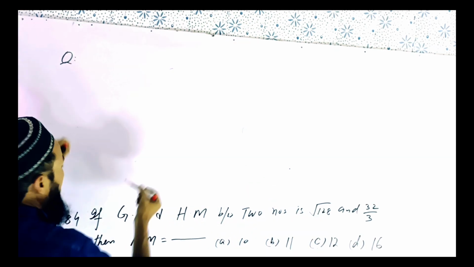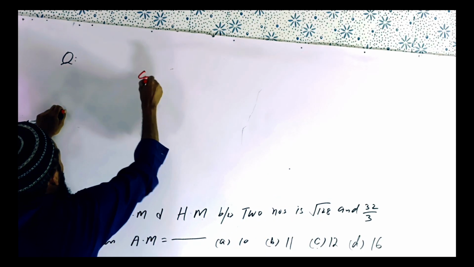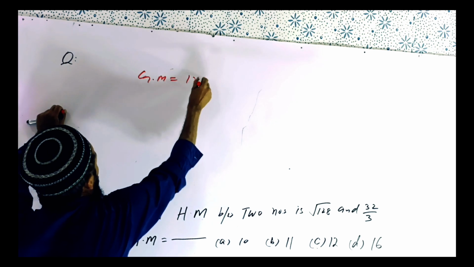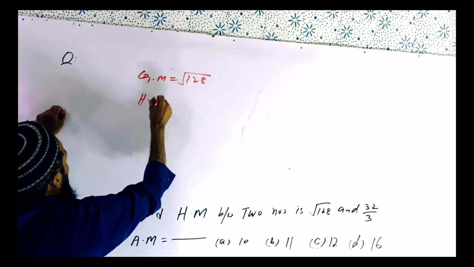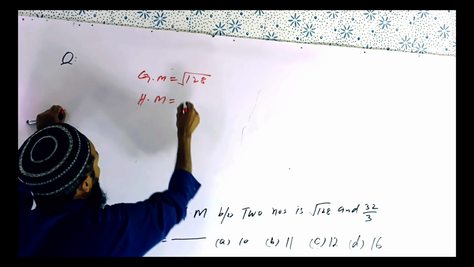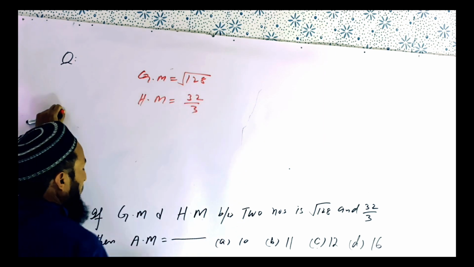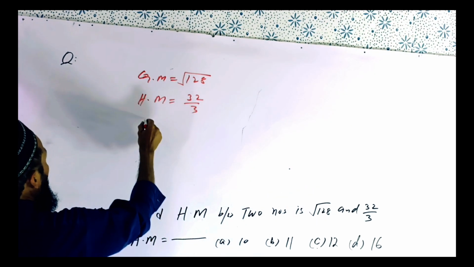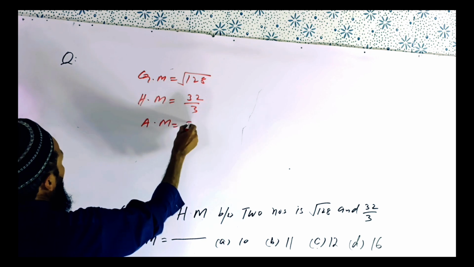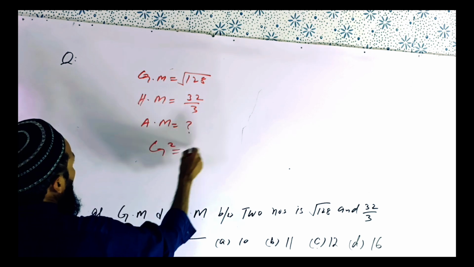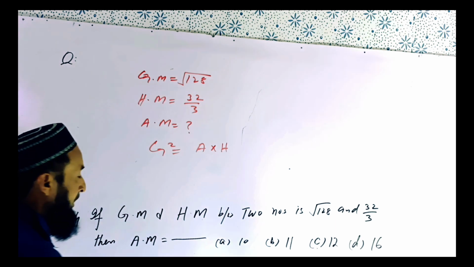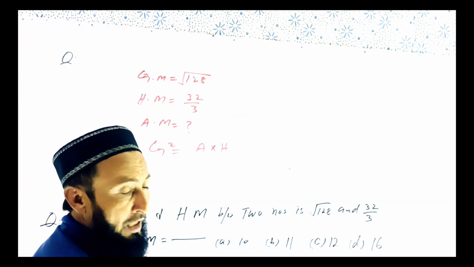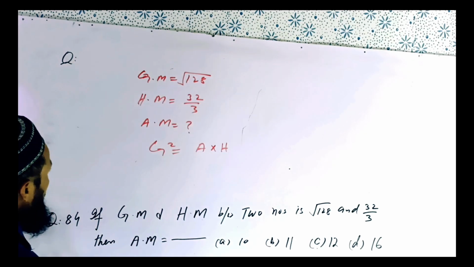The geometric mean is given as 128 and the harmonic mean is given as 32 over 3. What is the arithmetic mean? What is required, according to the formula? We know that A times H equals G squared. This is the general relation between the geometric mean, arithmetic mean and harmonic mean.